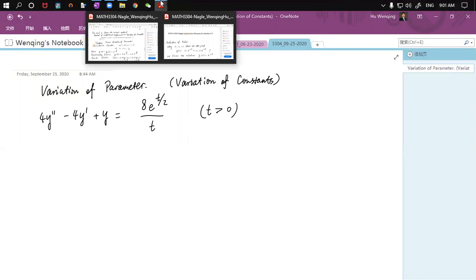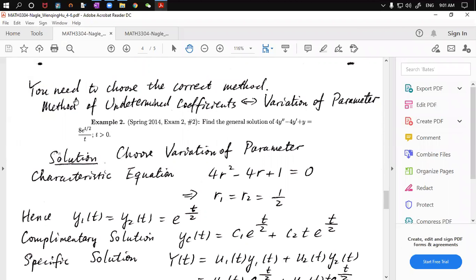So by variation of constants, it means that we have two methods of solving non-homogeneous equations. One is the method of undetermined coefficients. The other one is variation of parameters. You have to be able to choose which one you would like to use. What's the principle?